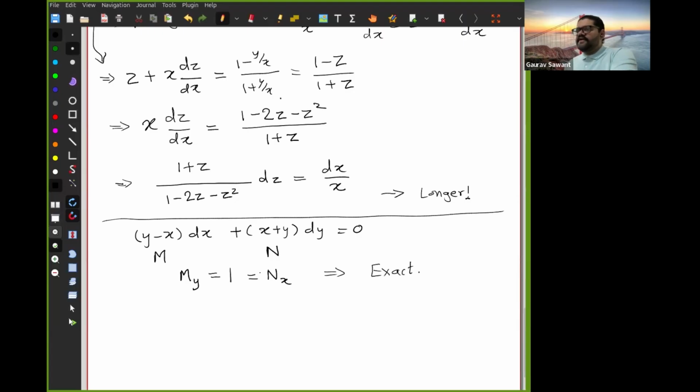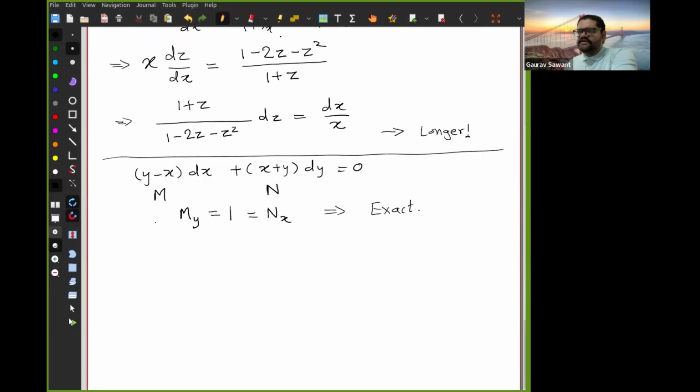And the moment it has become exact, I can take up this M function and integrate with respect to x.